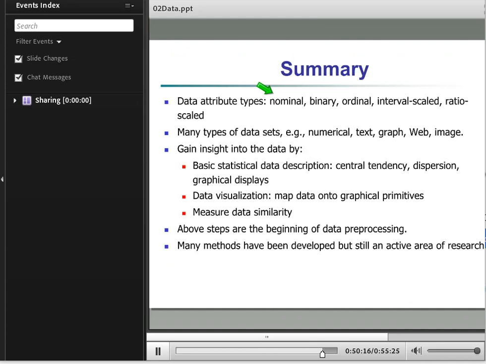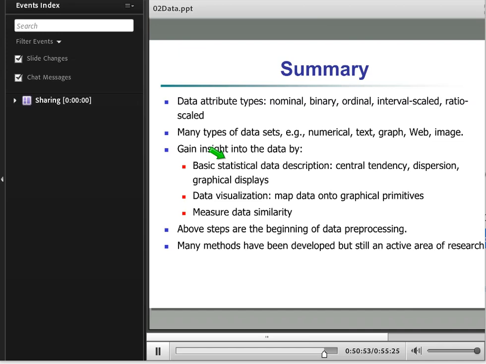Okay. In this chapter, we learned about data types of attributes: nominal, binary, ordinal, interval scale, ratio scale, and other types of data sets: numerical, text, graph, web, and image. Also, we talked about some basic statistics: mean, central tendency, mode, quantiles, and something like that.